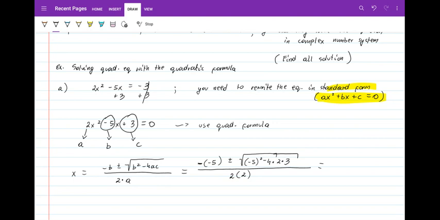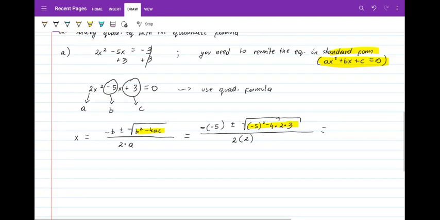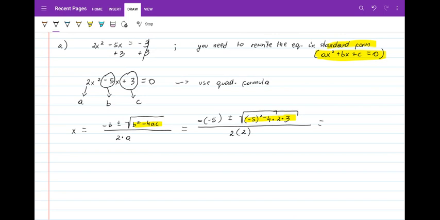So there are a lot of operations in the quadratic formula. What I recommend is to calculate the discriminant first. Okay, so this is the discriminant. I will quickly calculate on the side: negative 5 squared minus 4 times 2 times 3. This is just 25 minus 4 times 2 times 3, which is 24.